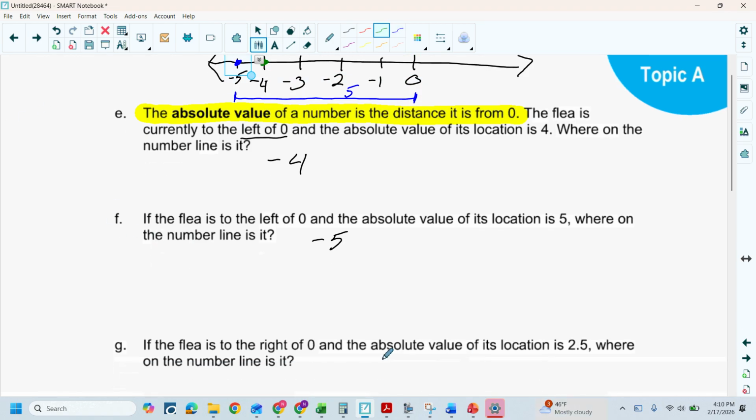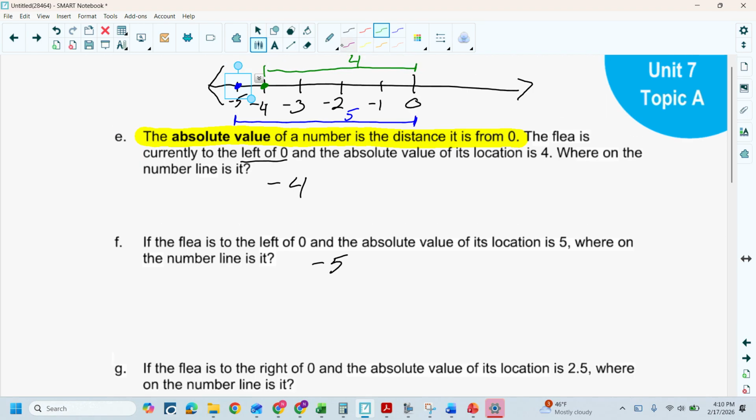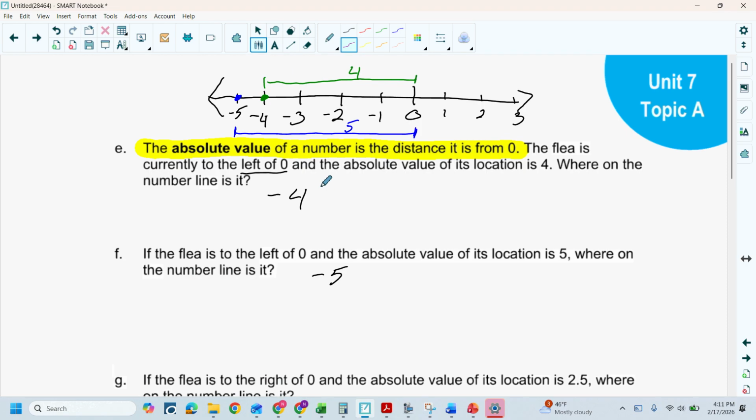Now, if the flea is to the right of 0 and its absolute value is 2.5, well, again, 1, 2, 3, and so we know its distance is 2.5.